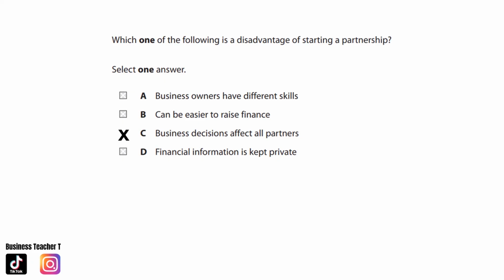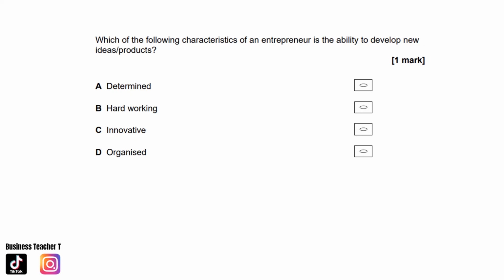Which of the following characteristics of an entrepreneur is the ability to develop new ideas, products? Is it A, determined, B, hardworking, C, innovative, or D, organised? And the answer is C, innovative.